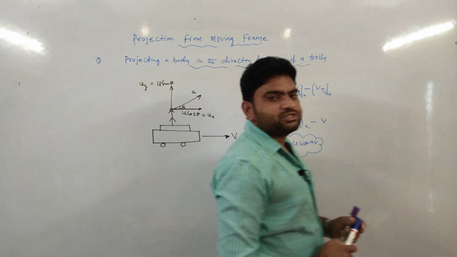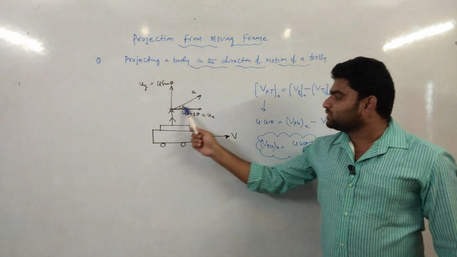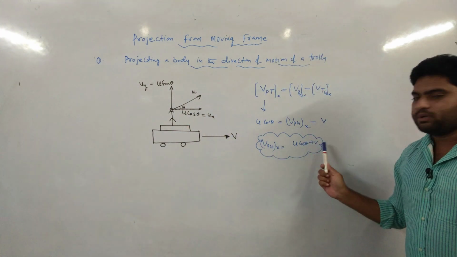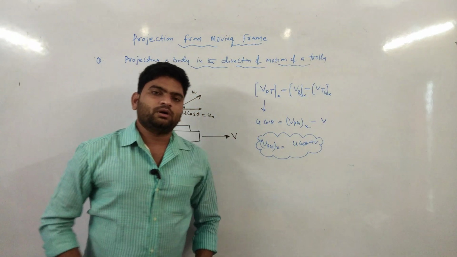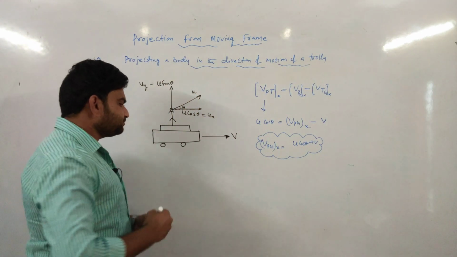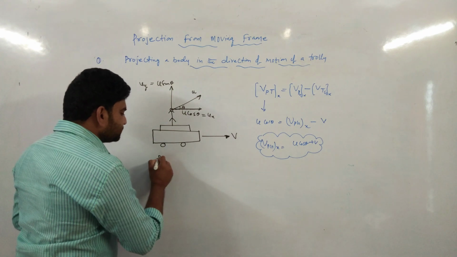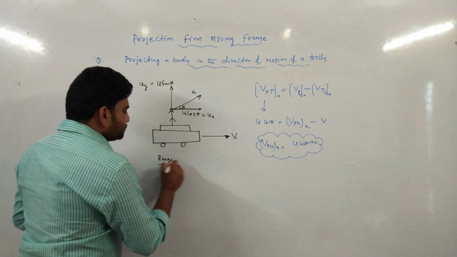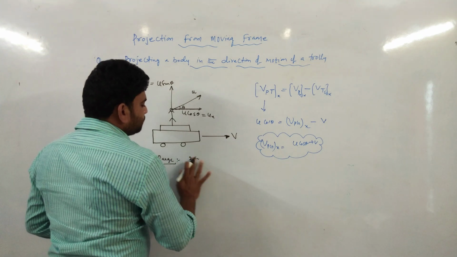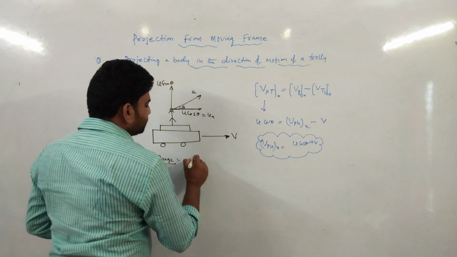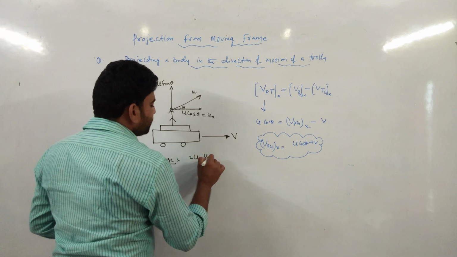So which component do we have to use? The component u cos theta is going to be now u cos theta plus v. We will see by using this we can find out different quantities. For example, if I want to calculate the horizontal range, generally the range formula is 2 ux uy by g.